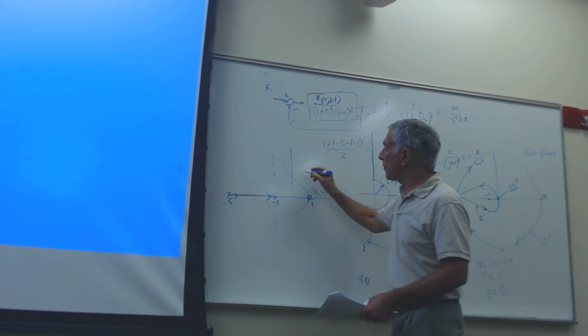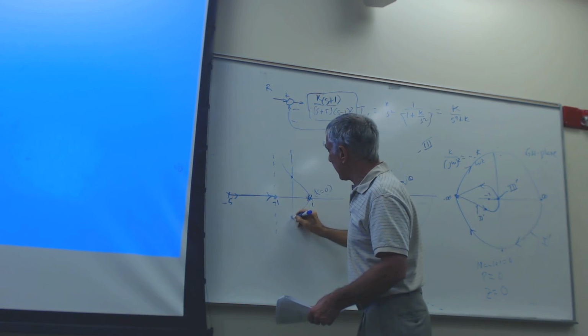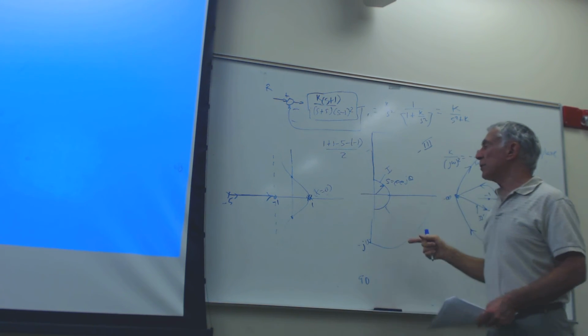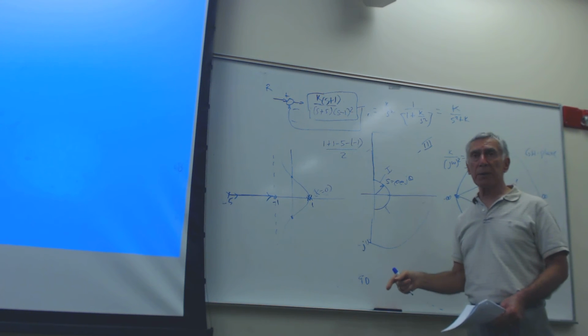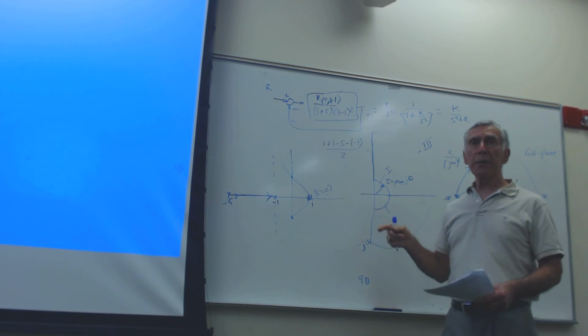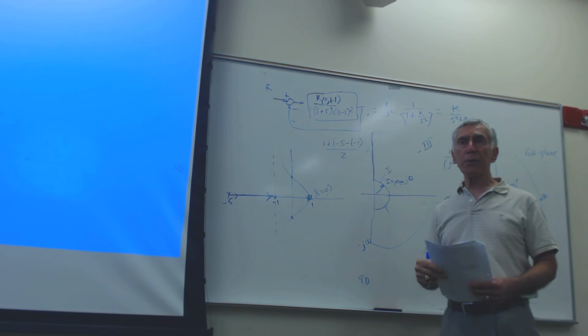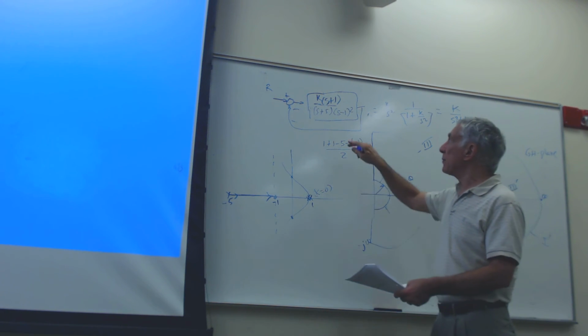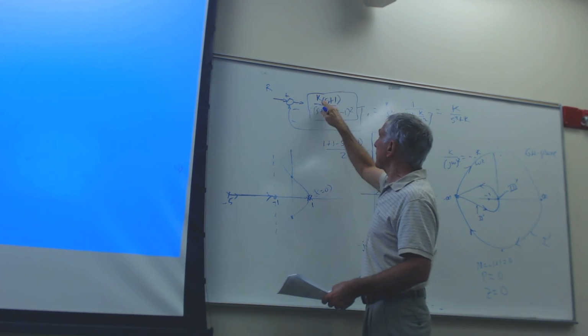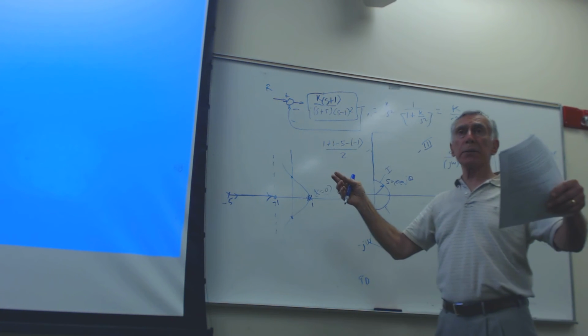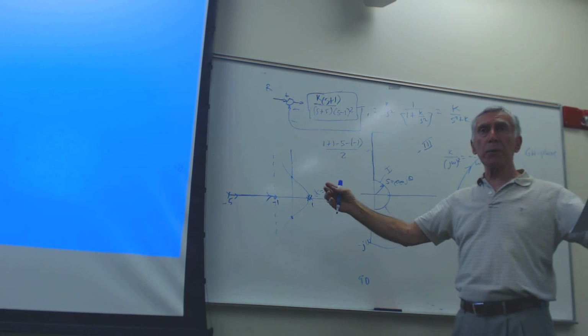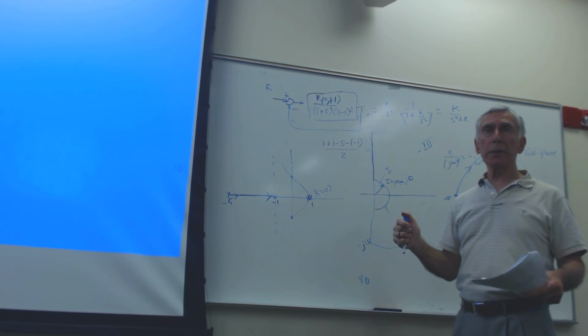There's a possibility for marginal stability in this case, right? What you can do is use the Routh-Hurwitz stability criterion to determine the gain k for marginal stability. And then if you have k equal to 1, you're just going to squeeze it down or expand it accordingly.